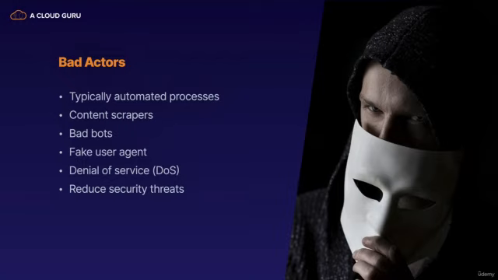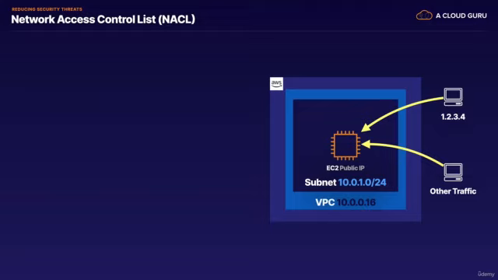Successfully blocking bad actors can help reduce security threats to your systems. In addition, you can lower your overall costs because you no longer have to serve traffic to unintended audiences. So for example, let's say we've identified a bad actor out on the public internet with a known IP address. Here in the diagram, we represent that IP address as 1.2.3.4.